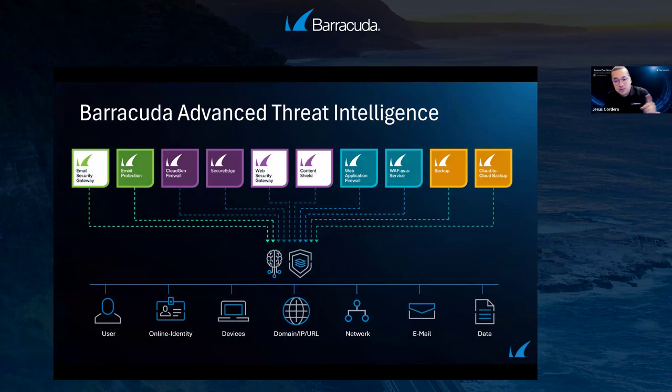Now imagine being in the email segment or in application security or network security, web security, all of our products converging that threat intelligence for the benefit of all our customers. We can be way faster and way more efficient than all the other vendors that are focused on one segment, one product in the market.